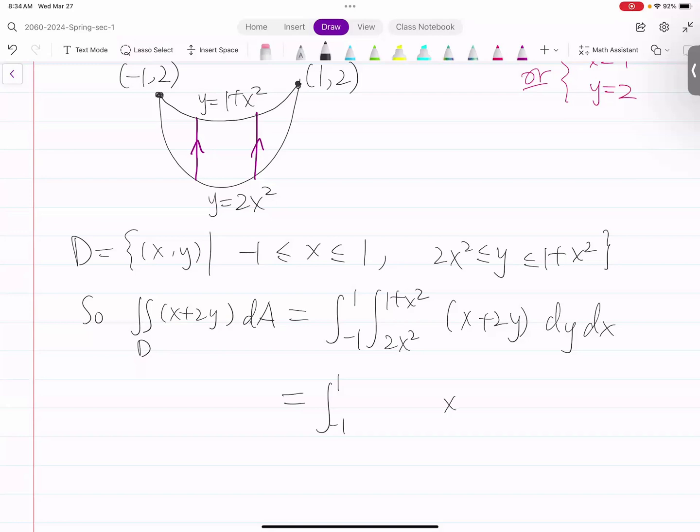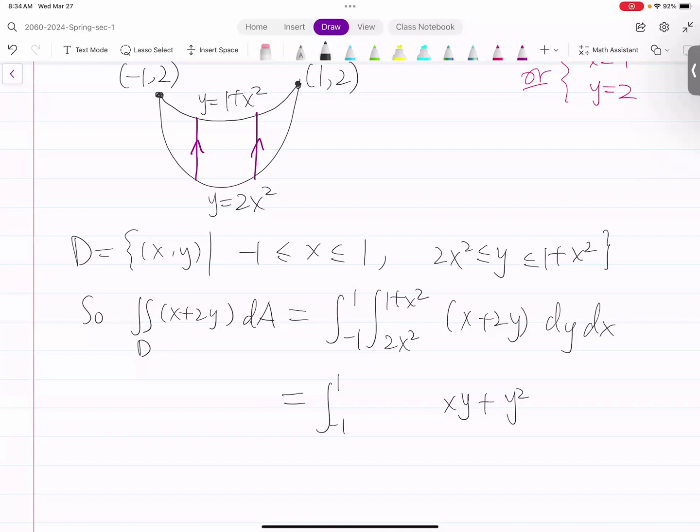So x is a constant, that will be multiplied by y, for the antiderivative of this part of a constant, right? And now for 2y, so we have a power function. So y is a power function with the power 1, so we add 1 and divide. So we add 1, that's a 2, and divide by 2, so that's y squared. Okay. So that's the antiderivative in terms of y, right?